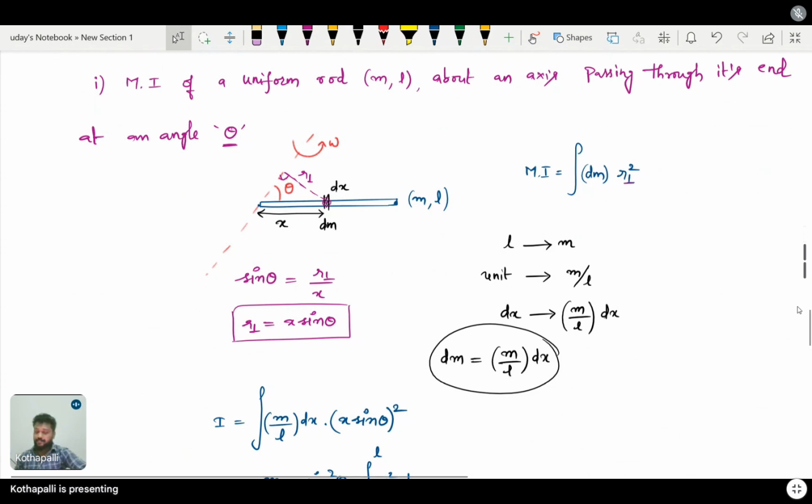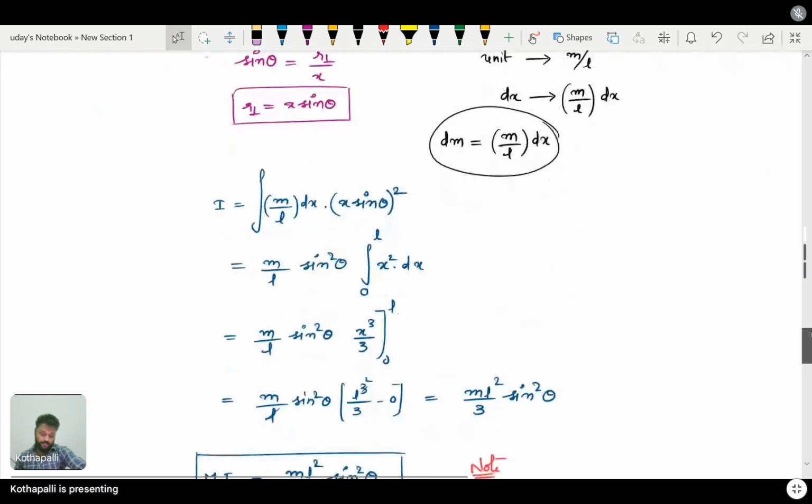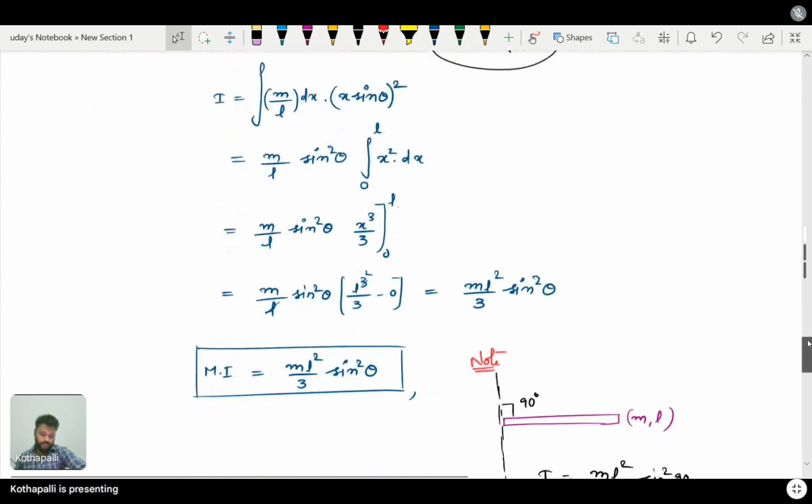Next condition. So the major difference for the axis passing through the end of the rod and the axis passing through the center of the rod is the limits. Limits in the end case are different from the limits in the case of the center.